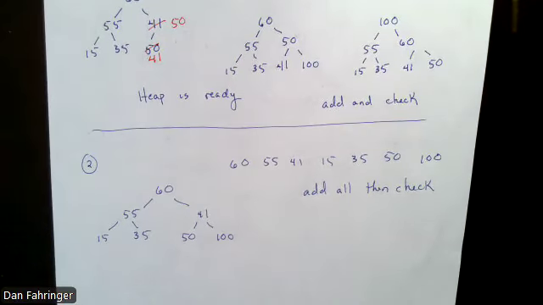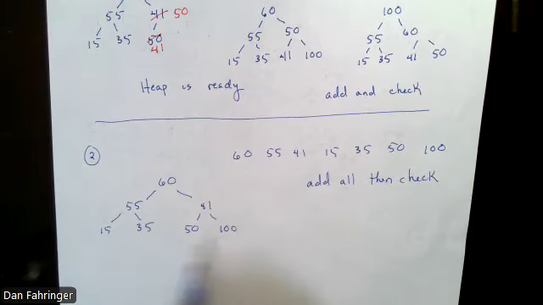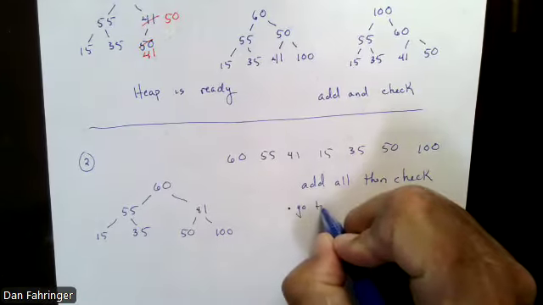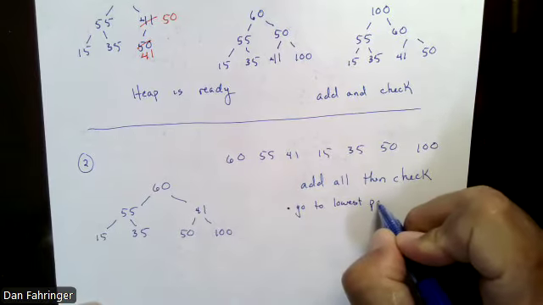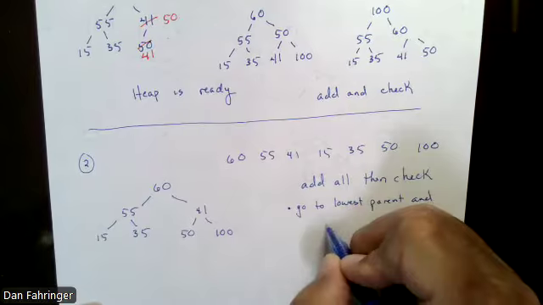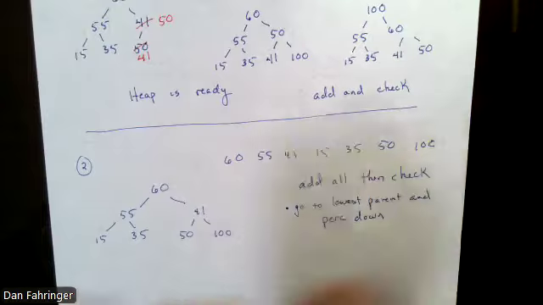But with the second way, we added them all. And now we're going to check, but this time we're going to go to the lowest parent and percolate down.